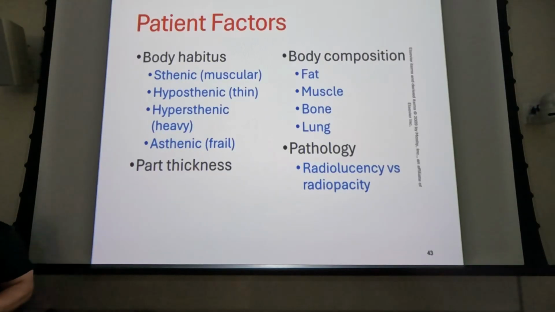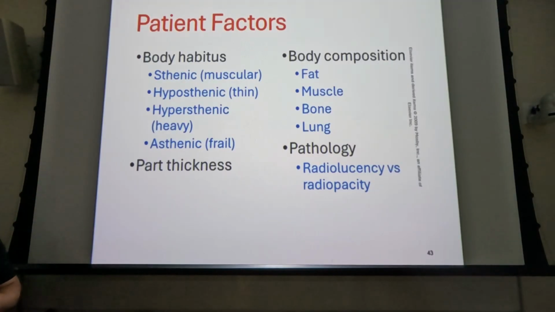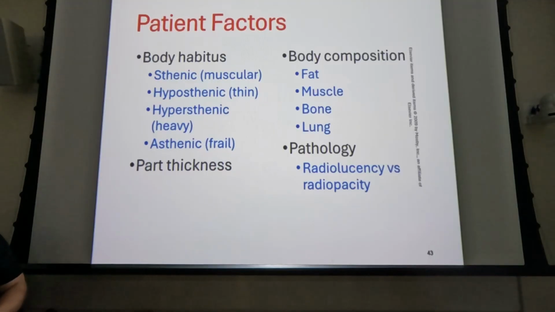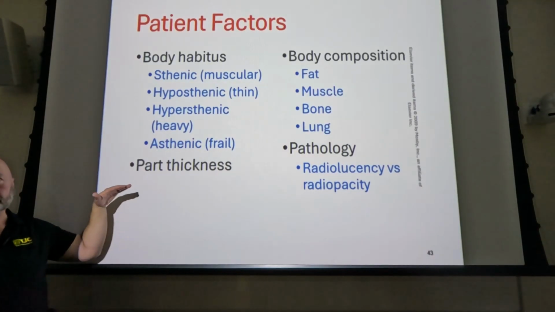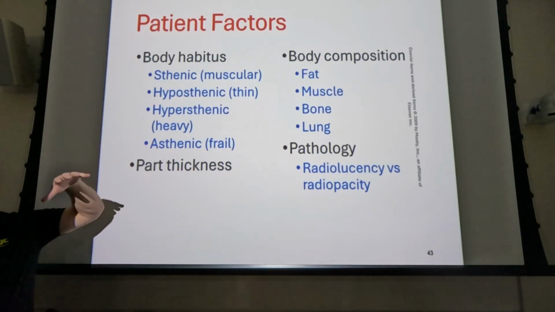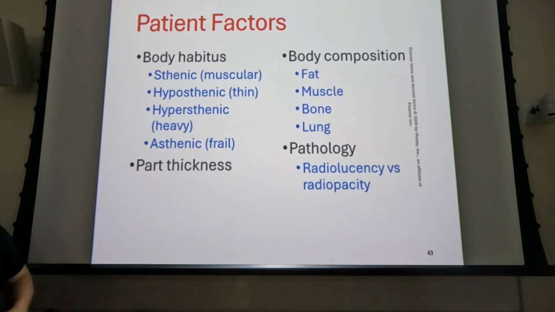So in our patient factors, that's really where we're going to see changes in contrast on our image receptor more than anything else. We've got two different things, and that is primarily body composition and body habitus. You know what body habitus is, but part thickness, independent of the body habitus, is really what affects the appearance of your image.